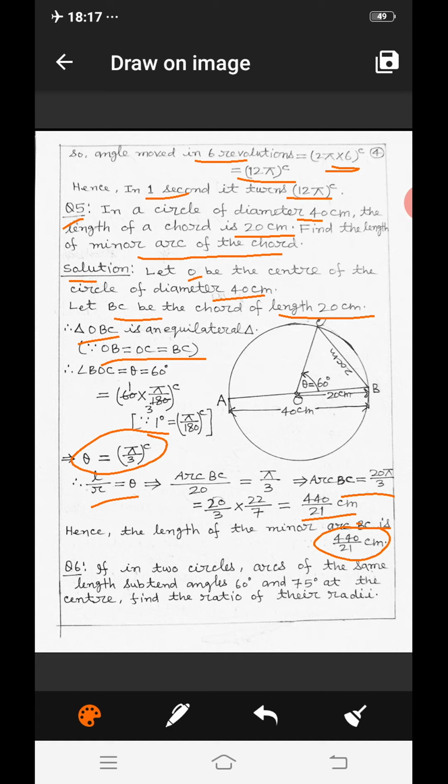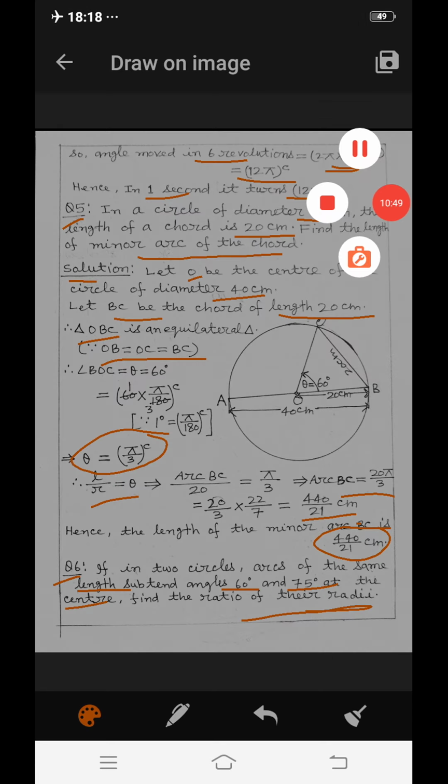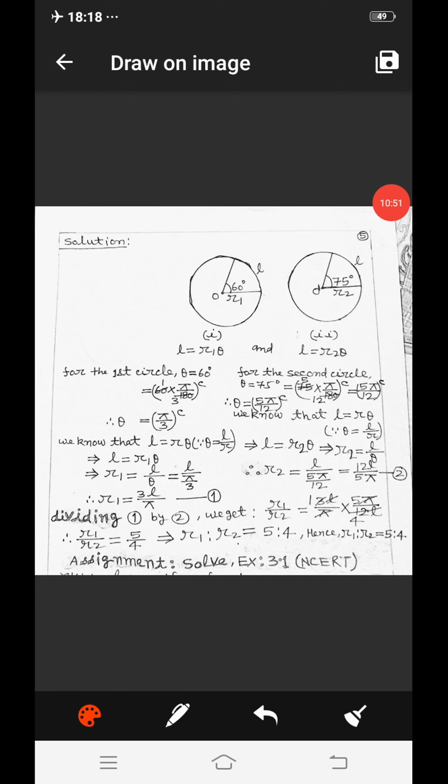Question number 6. If in two circles arcs of the same length subtend angles 60 degree and 75 degree at the center, find the ratio of their radii. For the solution, let the radii of the two circles be R1 and R2 respectively.